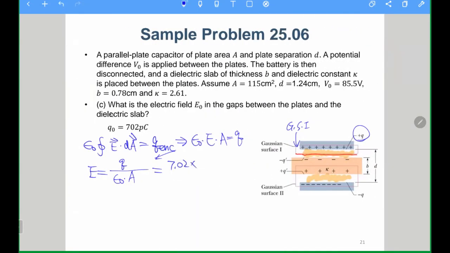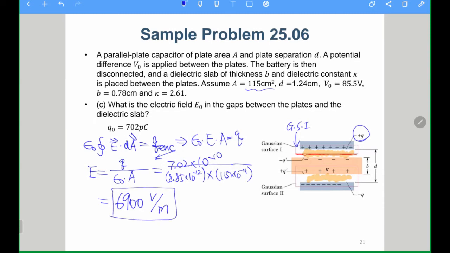So this Q is 7.02 times 10 to the minus 10 over 8.85 times 10 to the minus 12 times 115 times 10 to the minus 4. So this number is 6,900 volts per meter.